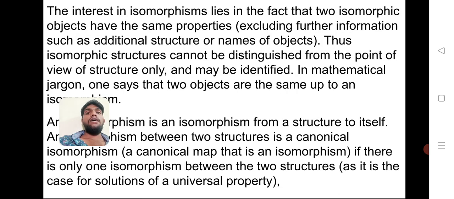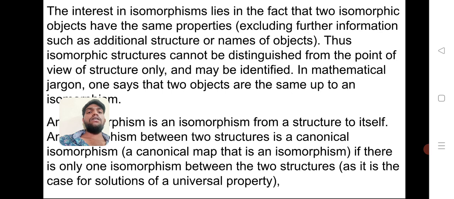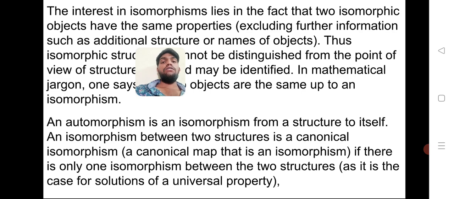The interest in isomorphism lies in the fact that two isomorphic objects have the same properties. Thus, isomorphic structures cannot be distinguished from the point of view of structure only, and may be identified. In mathematical jargon, one says that two objects are the same up to an isomorphism.